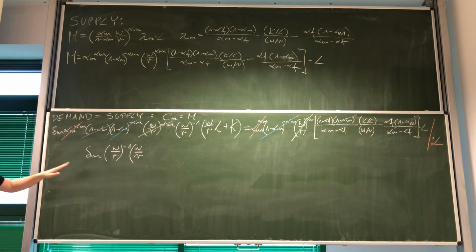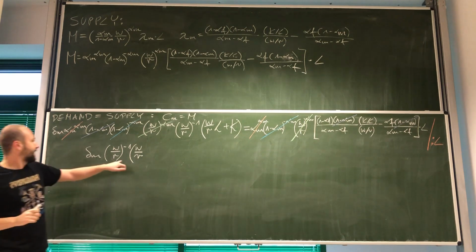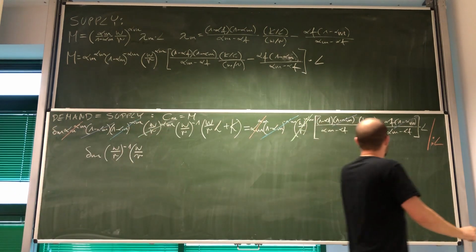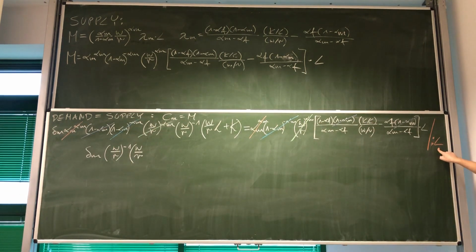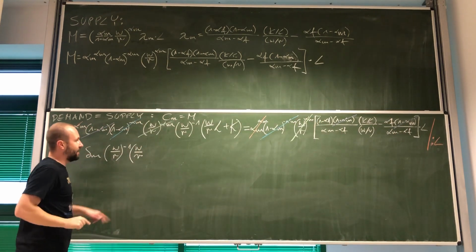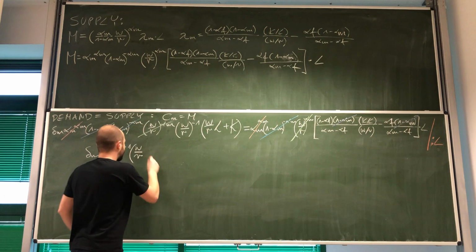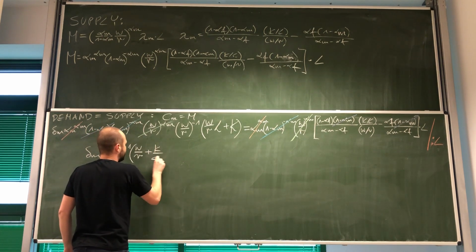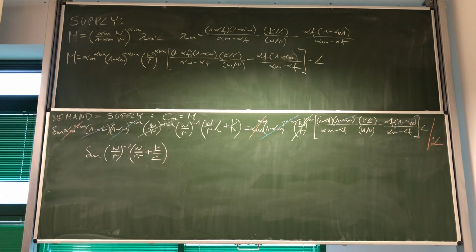And look what is happening right now. Because I divide both sides by L, this becomes just W over R, while this becomes K over L. Right?